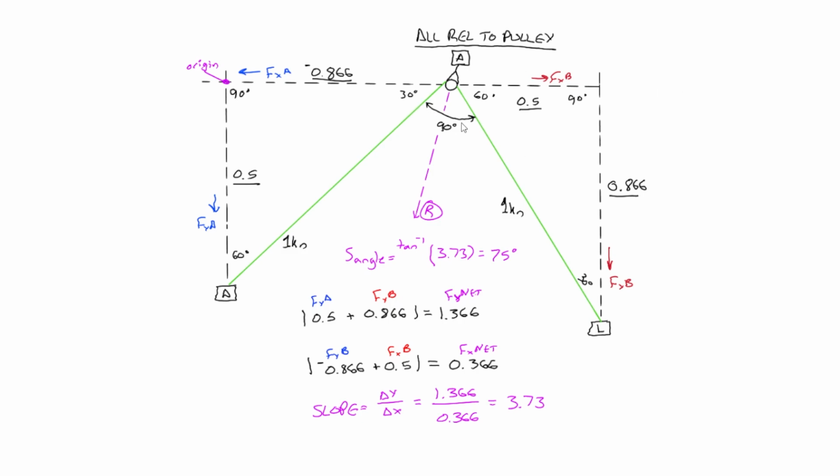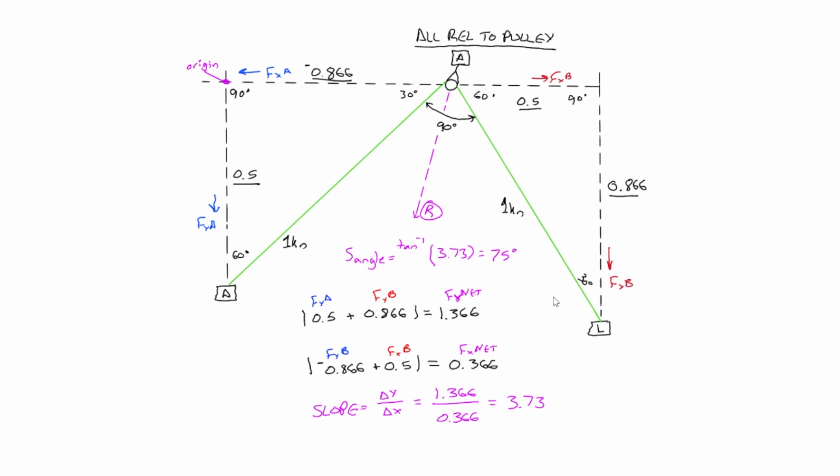We're assuming a 90-degree angle here, and we've already done some math to calculate what these side lengths are. Just basic geometry stuff. On the y-axis, A is going to be 0.5 and B is going to be 0.866. That's largely the result of the difference in angles here.